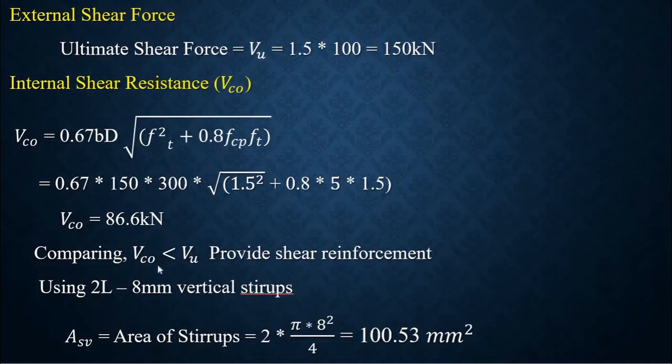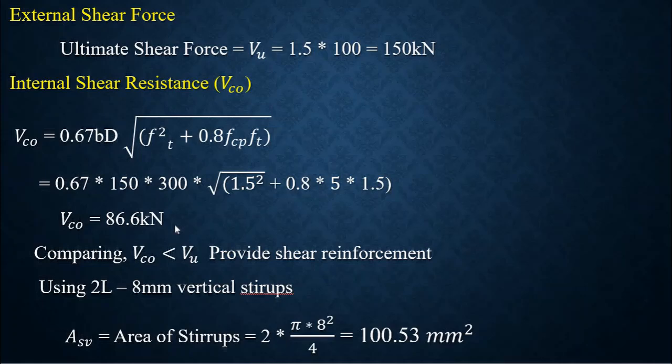If VCO is less than VU, then we should provide shear reinforcement. As we have got the shear resistance of the concrete as 86.6 kilonewton, which is very less than the ultimate shear force VU, we need to design for the shear, and the provision of shear reinforcement is a must.